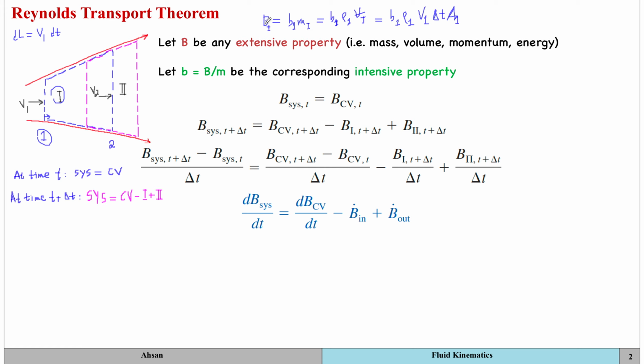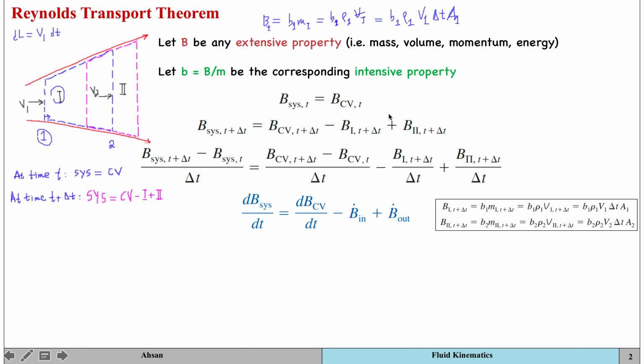And then because we're looking to find b dot in, we would have to take a derivative of this, which means we would have to apply the limit with delta t approaching 0, and divide this term by delta t as well. First of all, we're going to write this for both b1 and b2, and we're going to get this as I've shown you here.